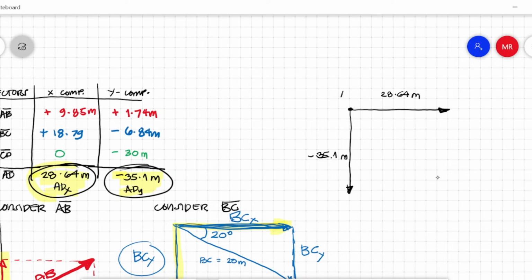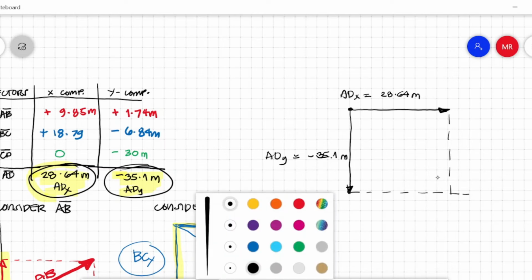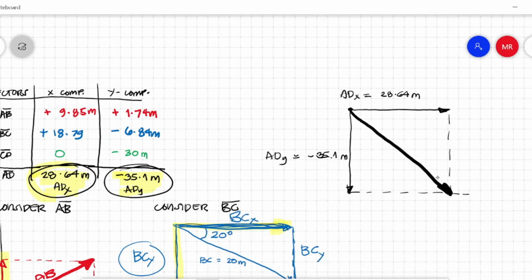This is your ADX and this is your ADY. So again, if we project this ADX and ADY, ito talaga ang ating resultant vector.